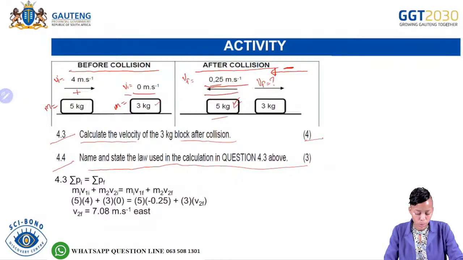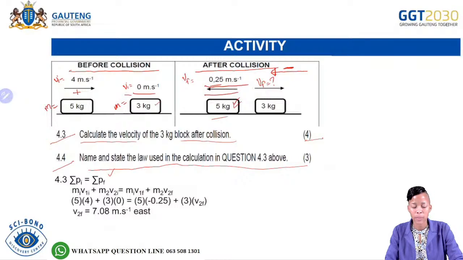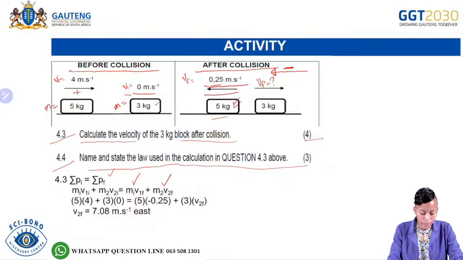So what are you going to do? You firstly write your formula: the sum of the initial momentum is equal to the sum of the final momentum. And then you break down your formula to say the momentum of object A plus the momentum of object B is equal to the momentum of object A plus the momentum of object B.